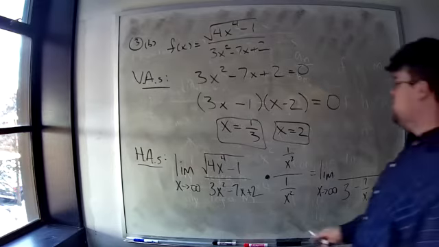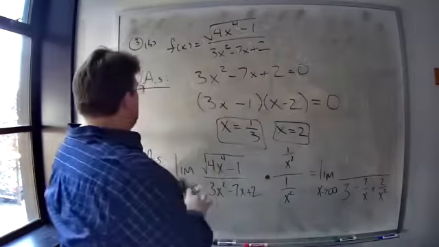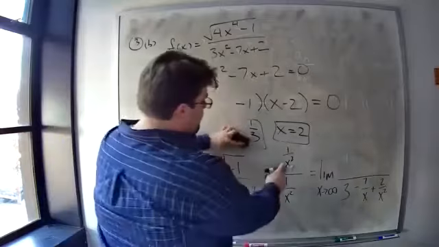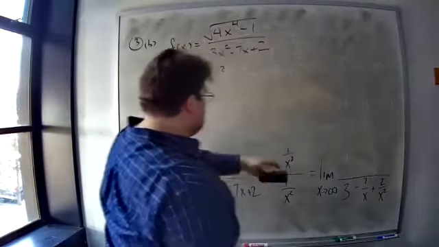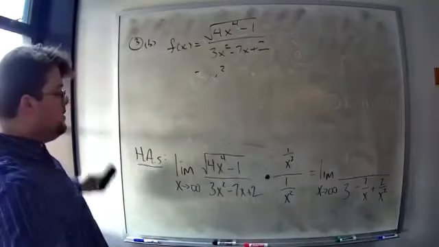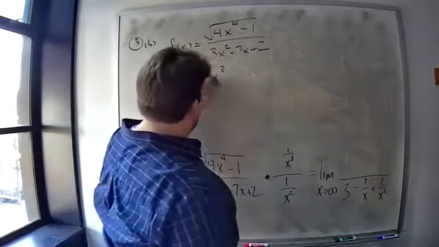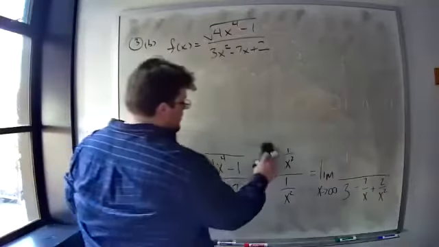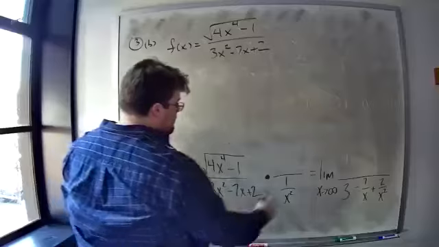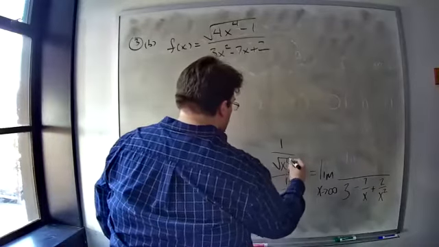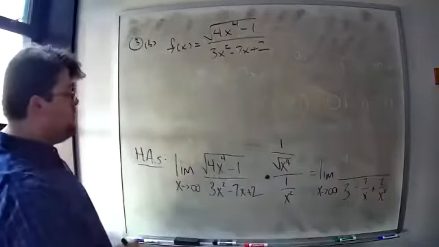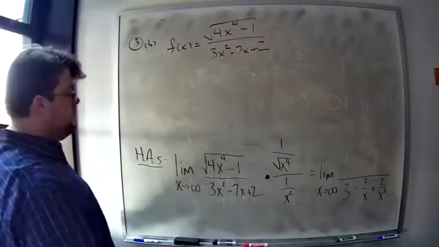Well, we have a square root on the top. We can't just throw this x squared into the square root. If we want to multiply this into the square root, we need a square root on this term. Well, how can we write x squared with a square root? Well, we can do it like this. x squared is the square root of x to the 4th.